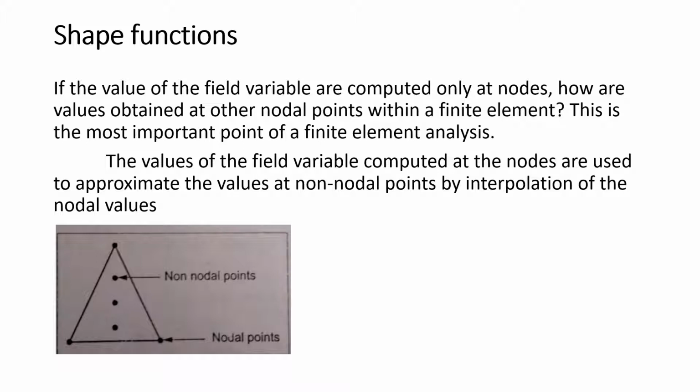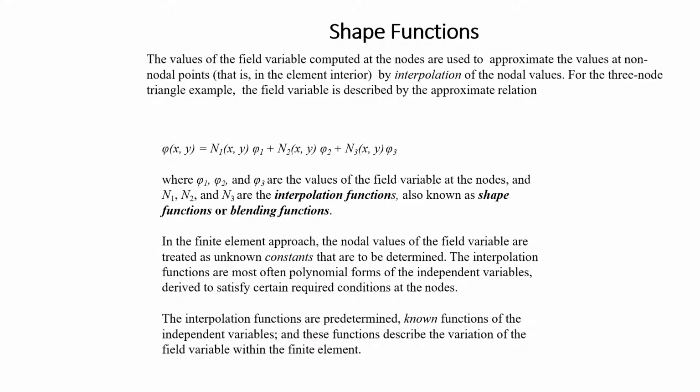It is done by getting the value of the nodal point field variables, then interpolating those values and getting the values of the field variables at non-nodal points. For a three-node triangle example shown in the picture, the field variable is described by the approximate relation shown here.